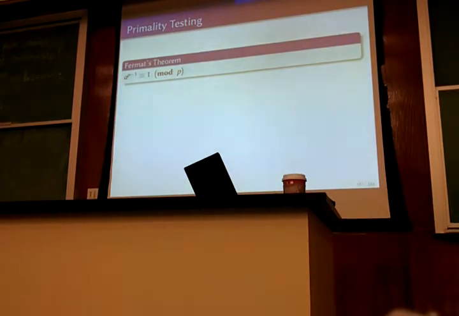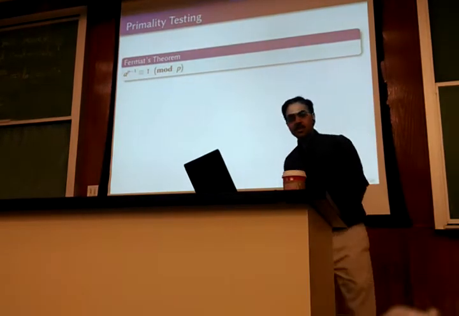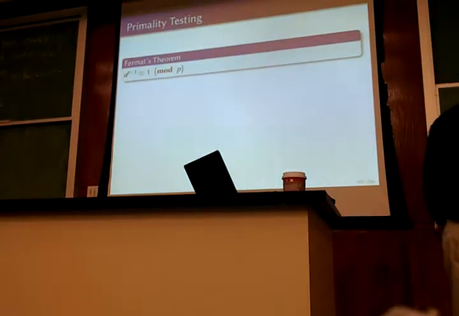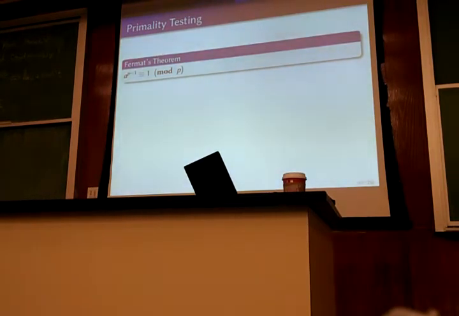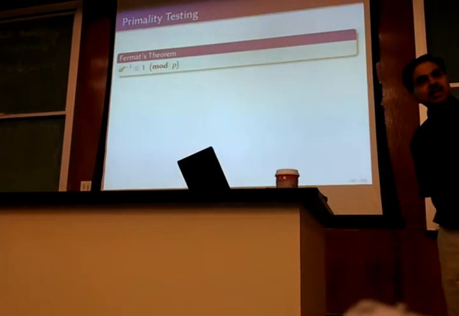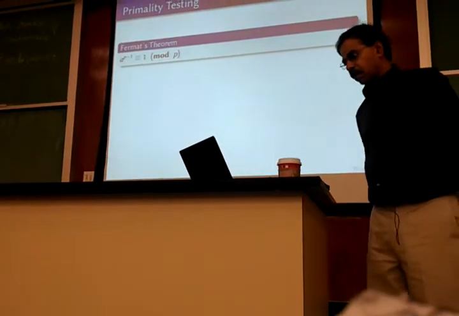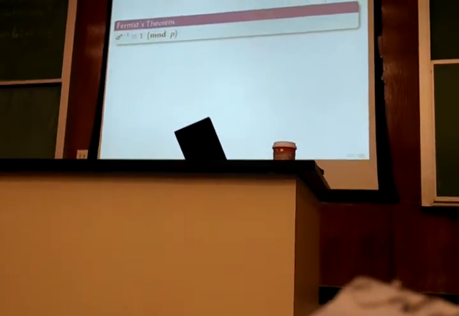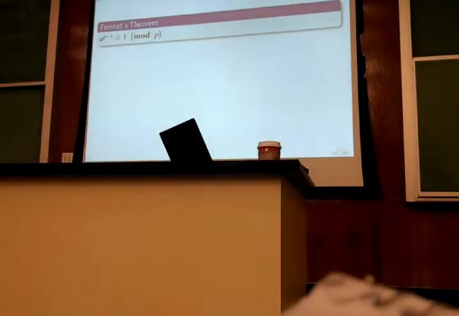As it turns out, there is in fact a deterministic way to check whether something is a prime number, and I believe that problem itself was solved only in the last 10 years or so. Right? So there is a deterministic way to figure out whether a number that's extremely large is a prime or not. But for practical purposes, we only rely on probabilistic techniques for generating large prime numbers.